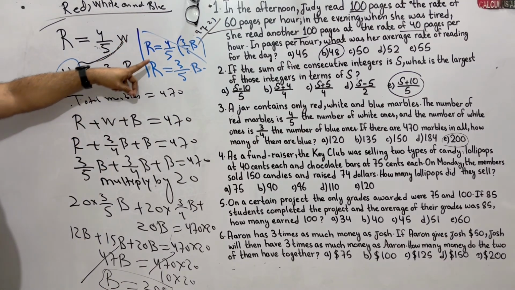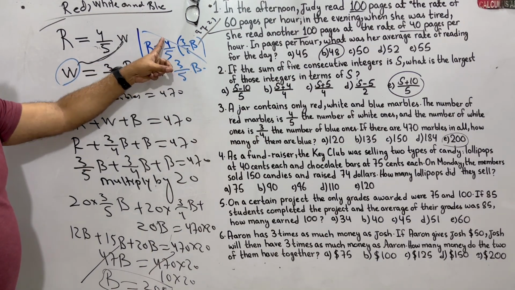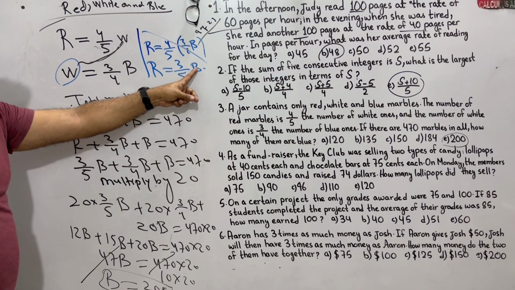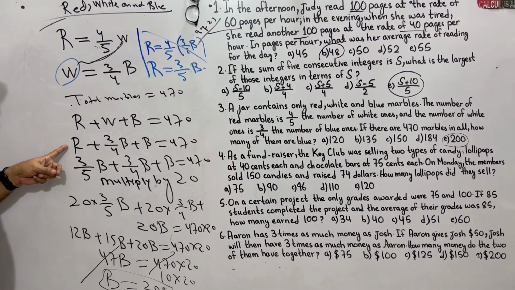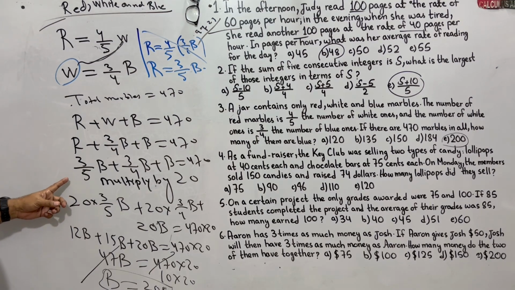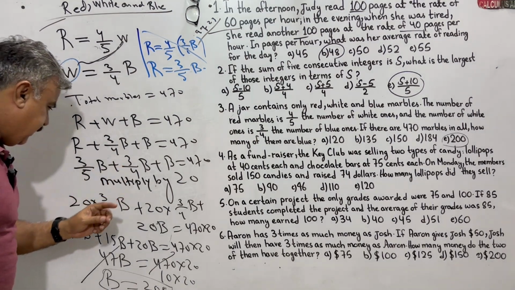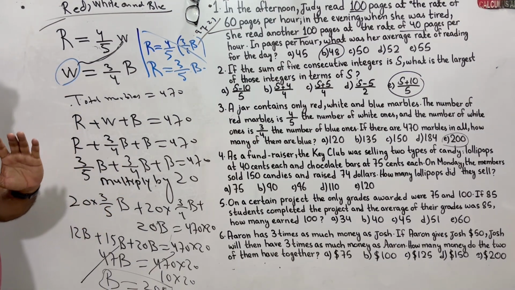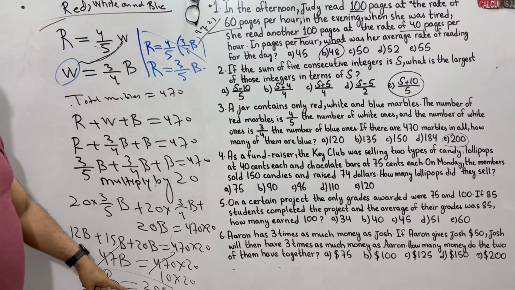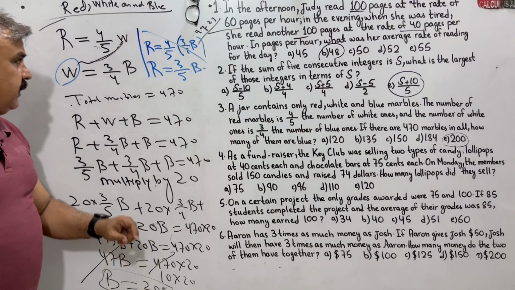Red is 4/5 of 3/4 of B, the 4 cancels, so R is equal to 3/5 of B. Instead of red, I have written 3 over 5 of B. I have inspected the fractions, 4 times 5 is 20, multiplying by 20 to get rid of the fractions, and I have the number of blue marbles, that is 200.